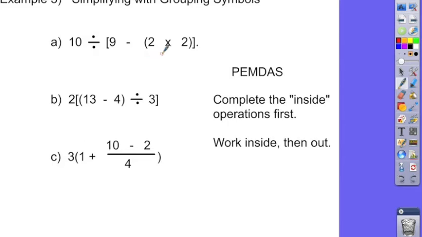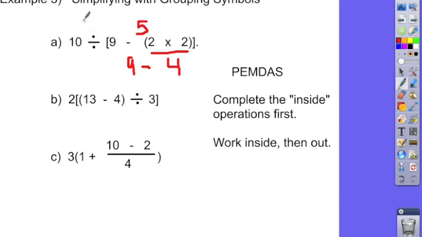So if we look at the most inside operation, we have multiplication, and that's the multiplication of 2 times 2, which we know has a value of 4. Then we're going to move outside of that parentheses, and we're still inside our grouping symbol, which is the brackets, and we have the 9 minus. So now we're just going to do 9 minus 4, and 9 minus 4 has a value of 5, which I'm going to write up here.